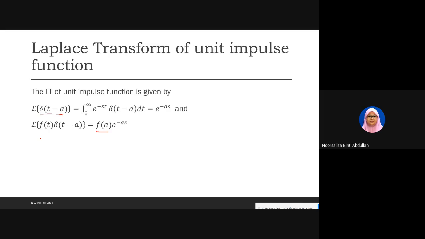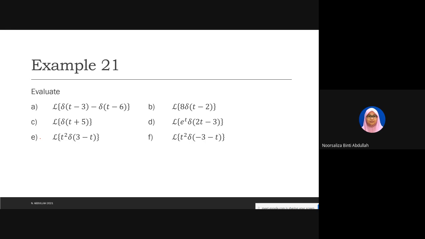Okay, diam, tak ada setuju. Okay, tengok example ni. Example 21. Okay, so you have to evaluate. First is delta T minus 3 minus delta T minus 6. Okay, so macam mana you buat?